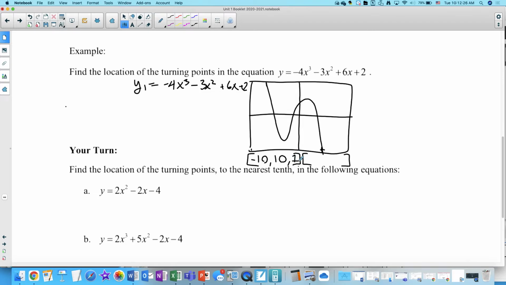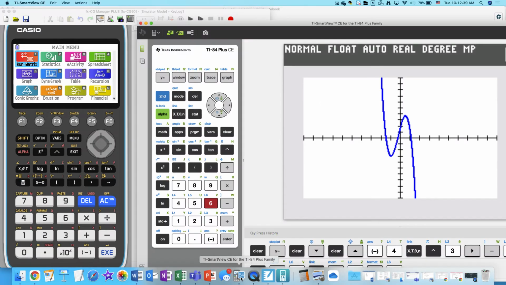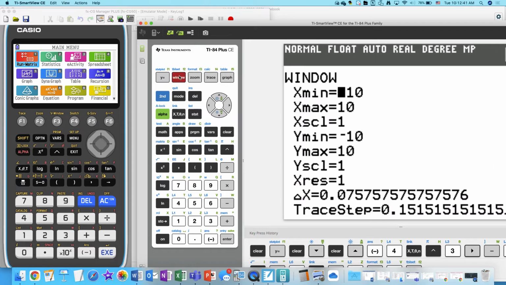You can check that by going to the window button, and it will tell you x-min, x-max, x-scale. Scale is essentially how much each little tick along the axis is worth. So each tick in this case is worth 1 unit.